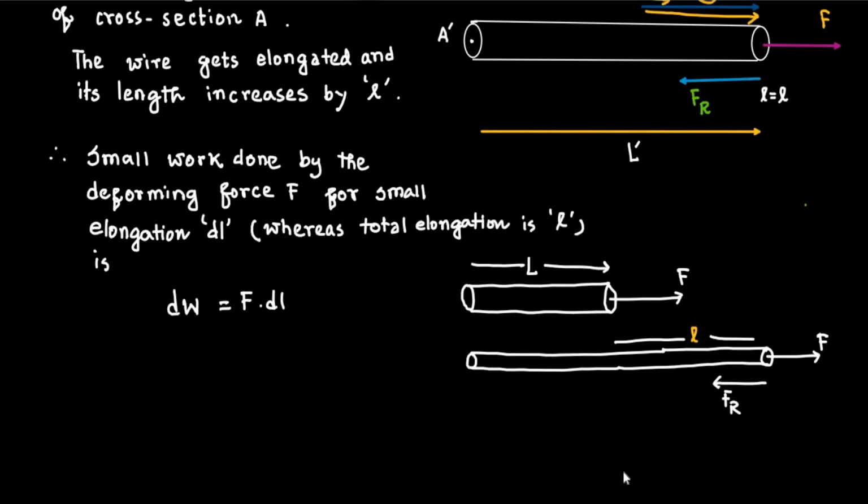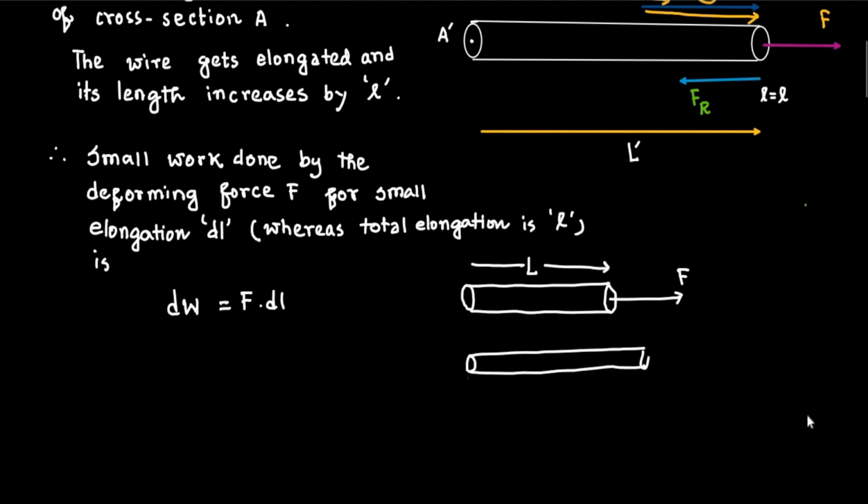Small l is the elongation or change in length of the wire due to the application of this deforming force, and we can split this total elongation into a number of small elongations. dl is the small elongation, then after dl, small l is the total elongation.